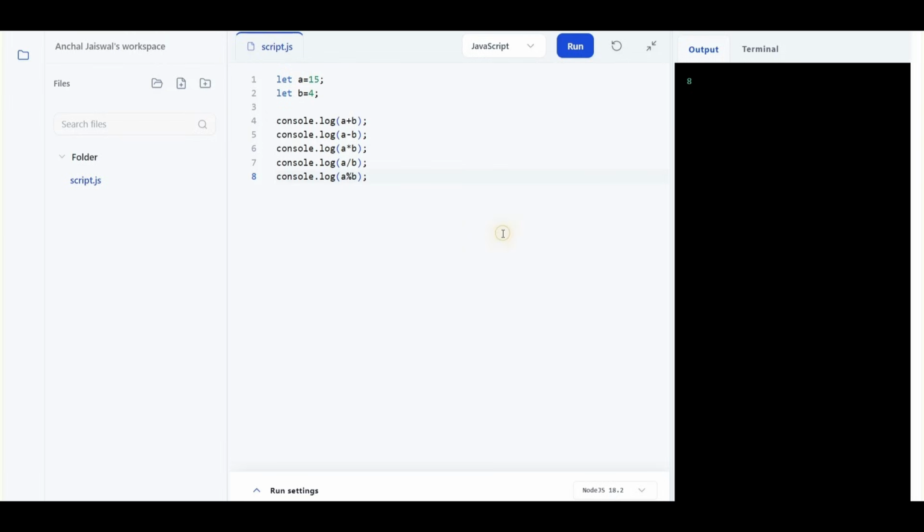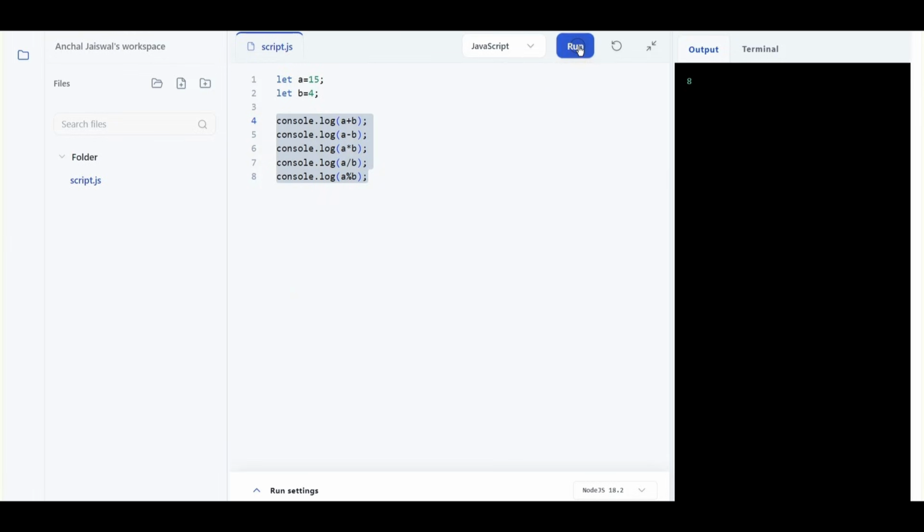Now that we have seen each operator separately, let's put a few of them together in one simple example. Here we have two variables, a is 15 and b is 4, and I am performing different arithmetic operations using these two values.